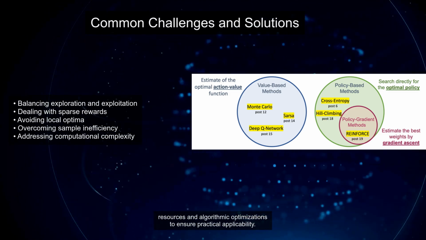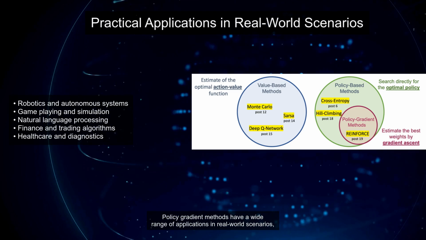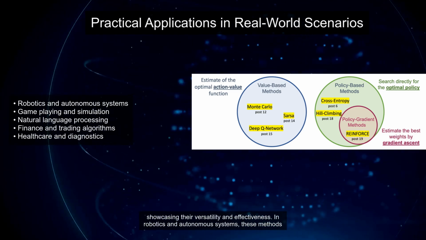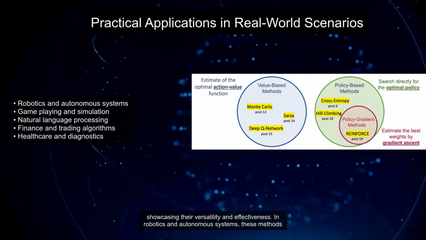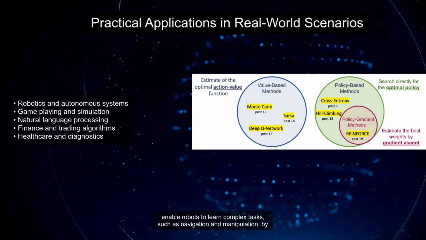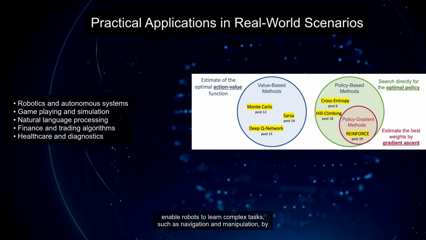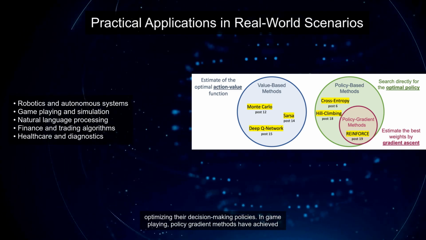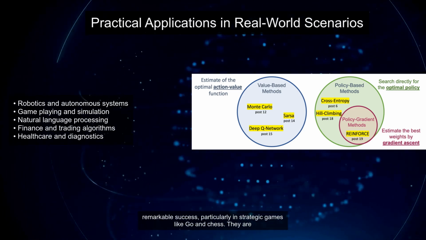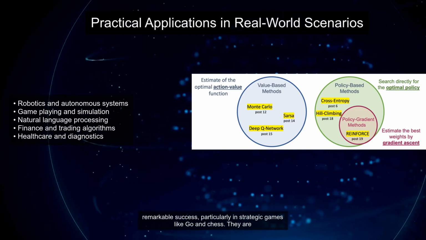Policy gradient methods have a wide range of applications in real-world scenarios, showcasing their versatility and effectiveness. In robotics and autonomous systems, these methods enable robots to learn complex tasks, such as navigation and manipulation, by optimizing their decision-making policies. In game playing, policy gradient methods have achieved remarkable success, particularly in strategic games like Go and chess.